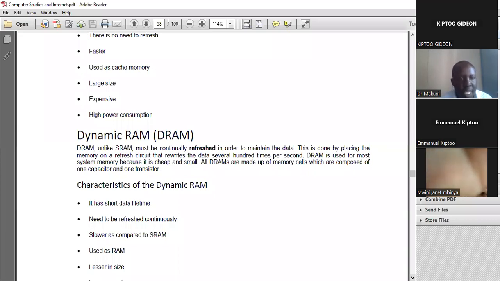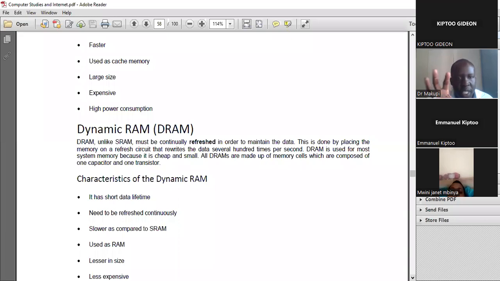DRAM is used as system memory because it is cheap and also small, but when I say cheap and small, I'm talking in comparison with the SRAM. Now, DRAM is made up of 1 capacitor and 1 transistor. Very important. That's the difference with SRAM: SRAM is a matrix of 6 transistors, DRAM is 1 capacitor and 1 transistor.